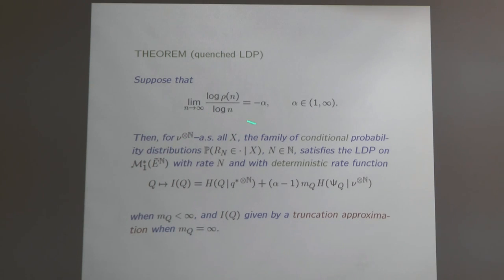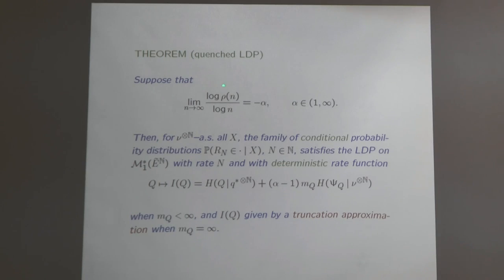For almost all choices of x, this conditional distribution for the empirical process satisfies an LDP with a certain rate function, which we will talk about in a second.